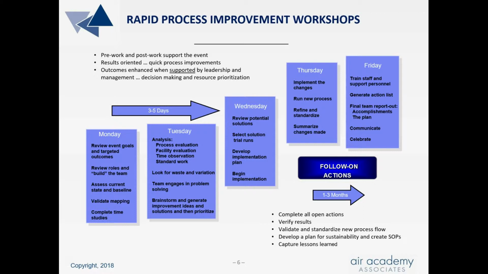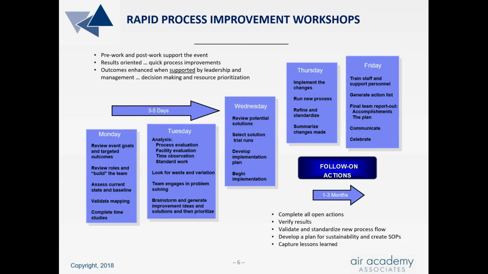You can see from the daily goals that this time frame is used by the team to analyze and improve the process. Rapid process improvement workshops analyze the current process looking for waste, variation, time sinks, status of standard work, and other things. Improvement tools like the ones we have already addressed are employed.